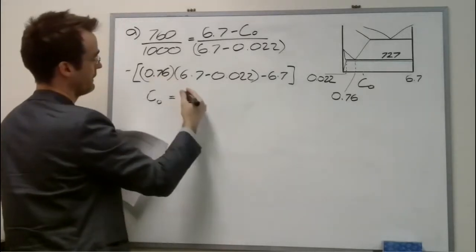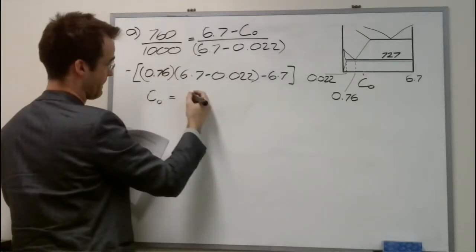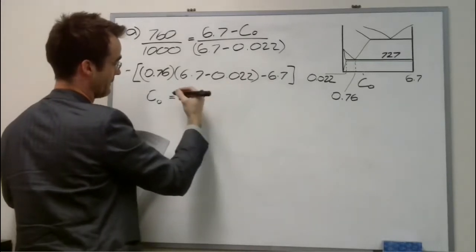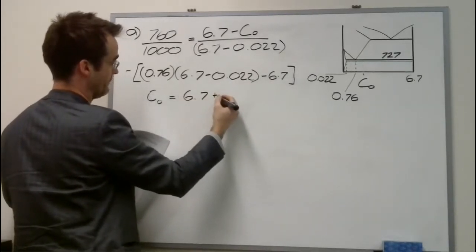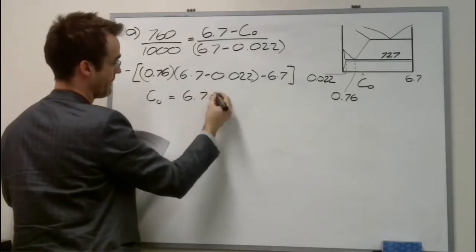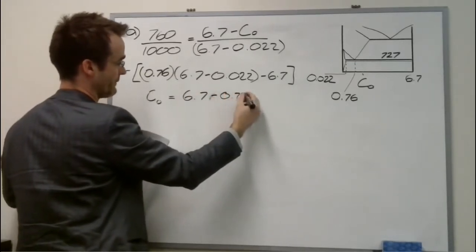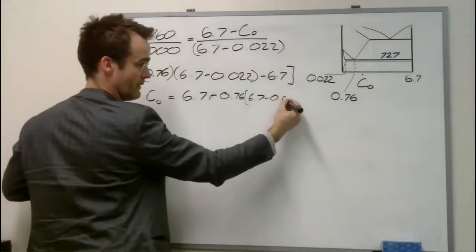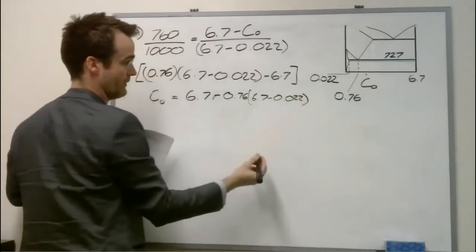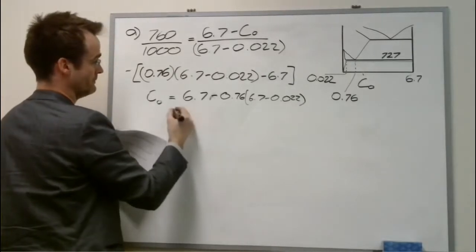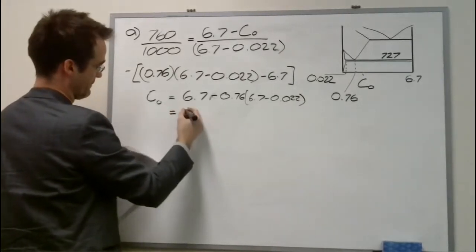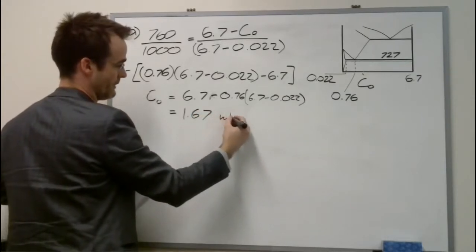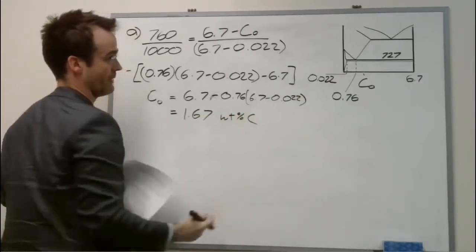So it turns out C naught is going to be, I'll just do one more step, 6.7 minus 0.76 times 6.7 minus 0.022, which equals 1.67 weight percent carbon.